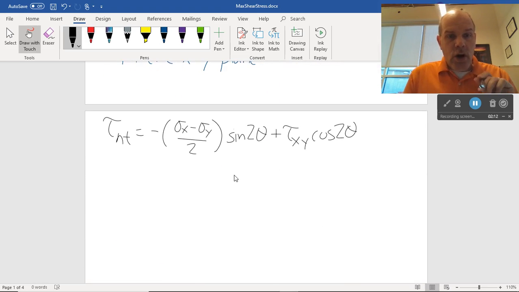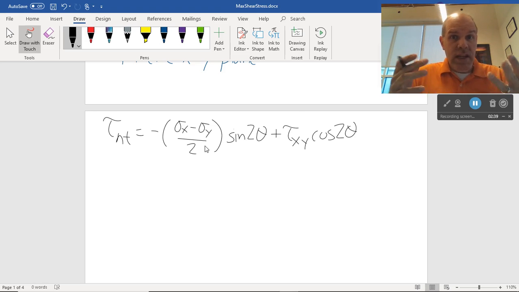This was our equation a couple videos ago for the shear stress in the plane, in some direction nt if we've done a rotation, right, based on sigma x, sigma y, our angle of rotation, and our shear stress. It's minus (sigma x minus sigma y over 2), and there's that term again, times sine 2 theta plus tau xy cosine 2 theta. Deep breath. Now what, right?